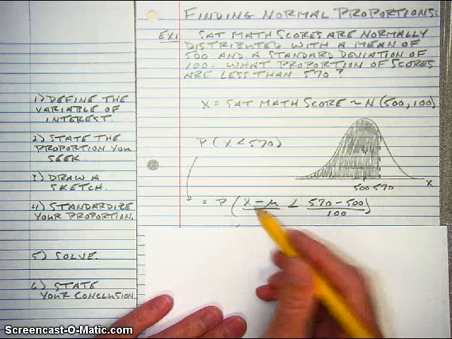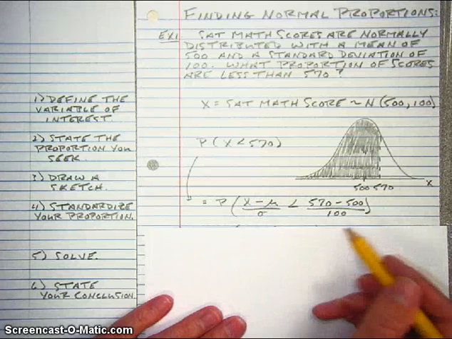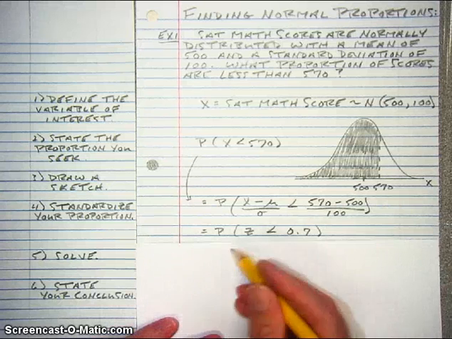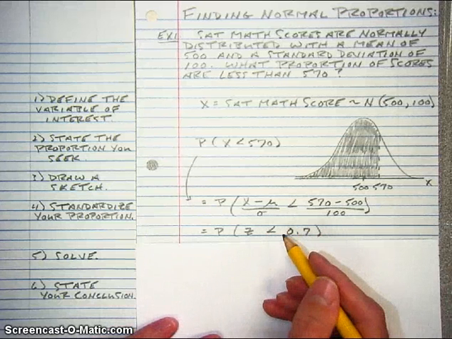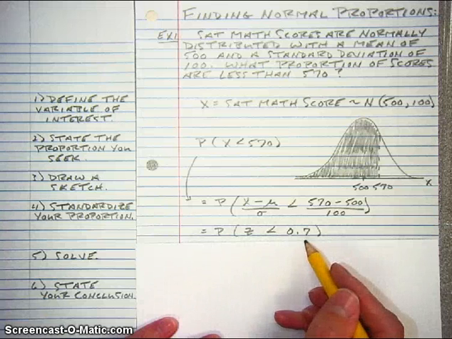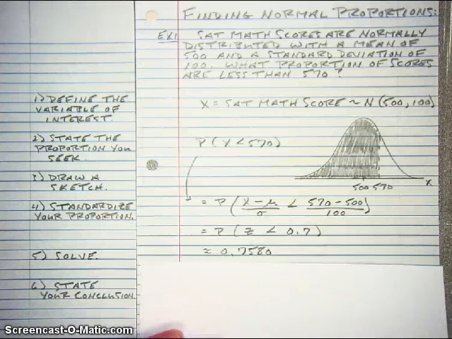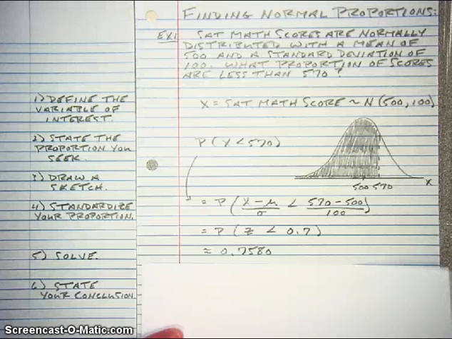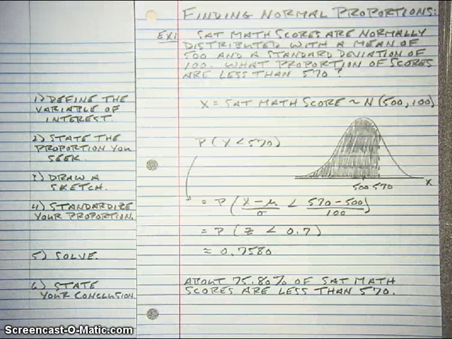This right here is, by definition, z. This right here simplifies down to 0.7. So this is a simplified version of that statement right there. And we can find this proportion on our calculator with the table. It works out to be 0.7580. And then our conclusion is simply about 75.80% of SAT math scores are less than 570.